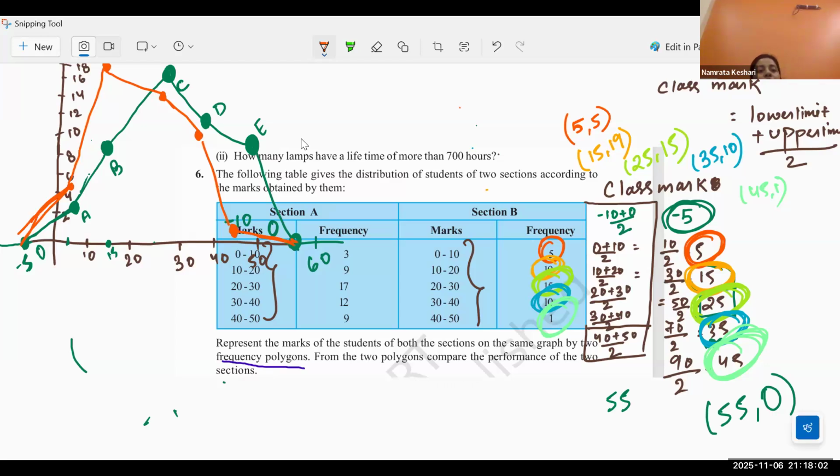Yes, ma'am. These are the two frequency polygons for the given section A and section B. And this is how we will be plotting a frequency polygon without even taking the help of a histogram. Is it clear to all of you? Please do it first.